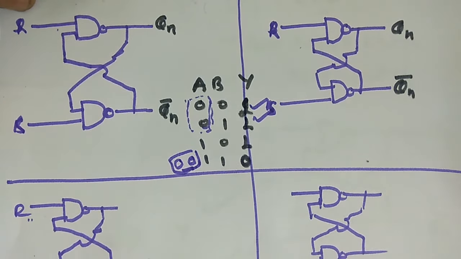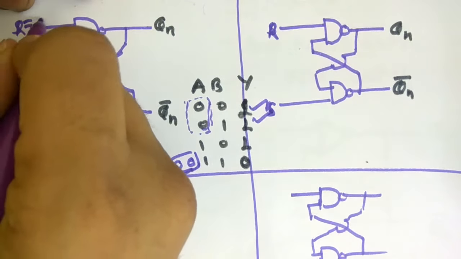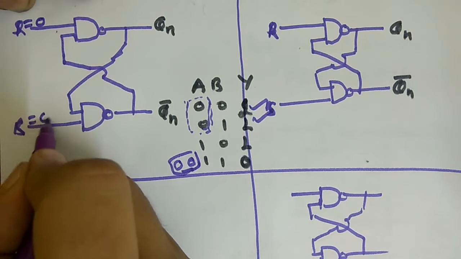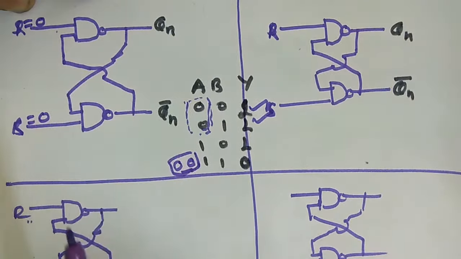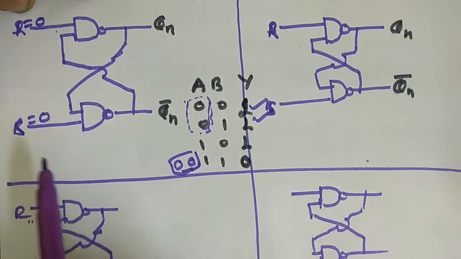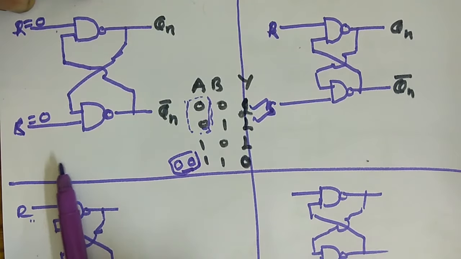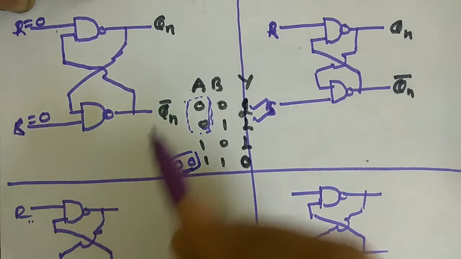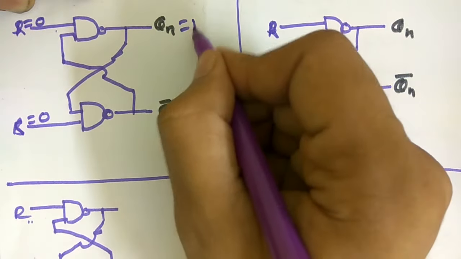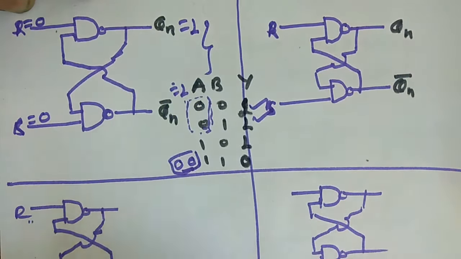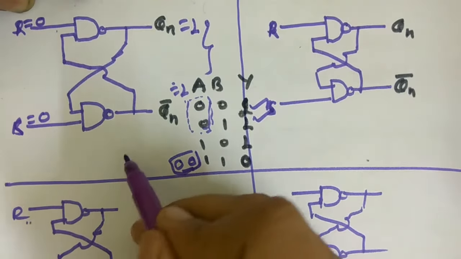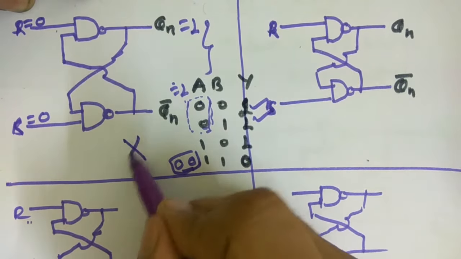So first we will consider the condition when S is equal to 0 and R is equal to 0. Both are disable inputs, which means the output will be 1 and 1. So this condition can't occur because both outputs should be complement to each other. So this is an invalid condition.